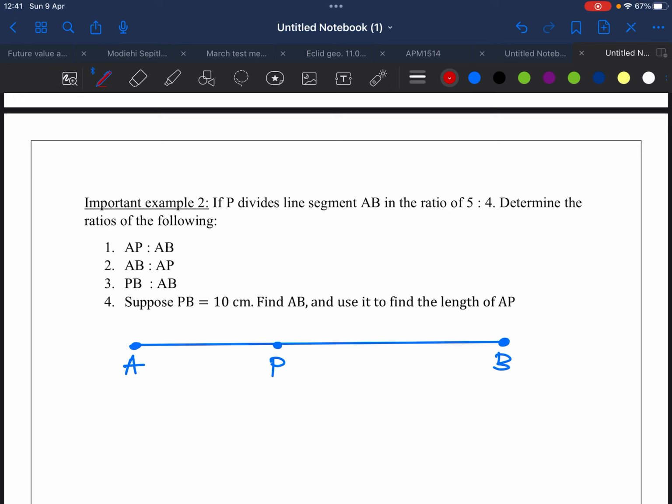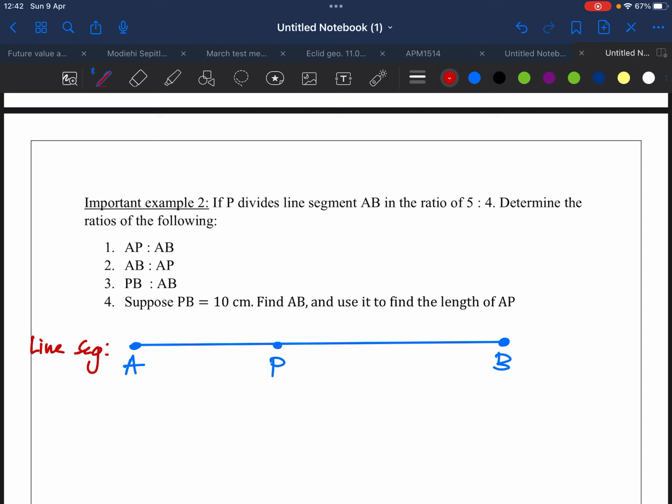Now we will start with our line segment. So this is our line segment, we have AB. We know that P divides line segment AB there.